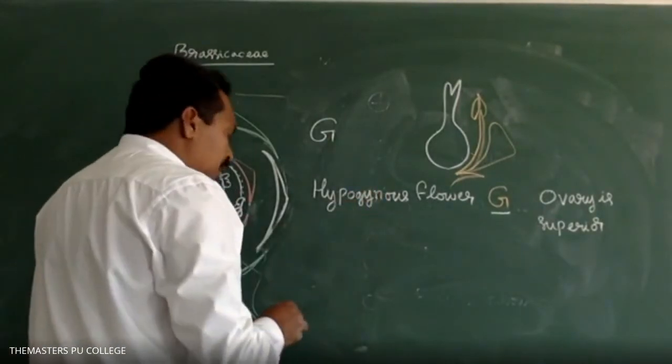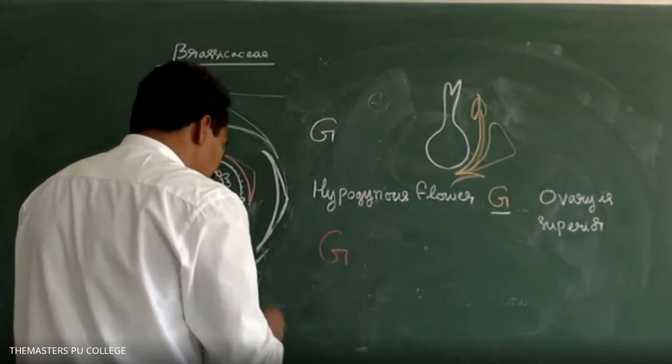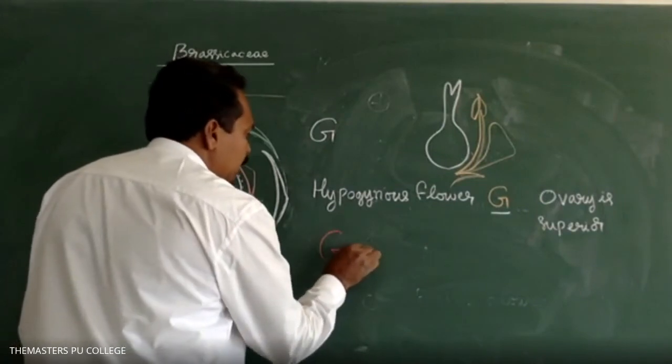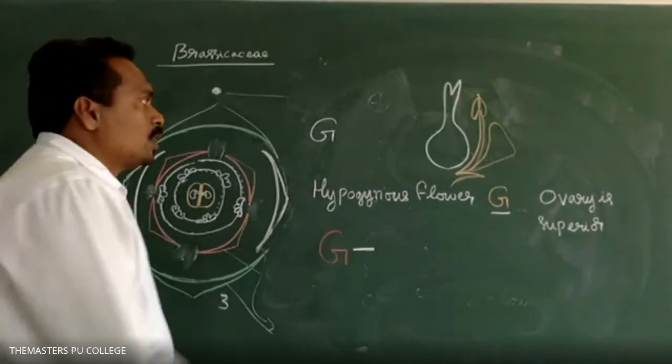Right. In perigynous flowers, the ovary is half superior, half inferior.